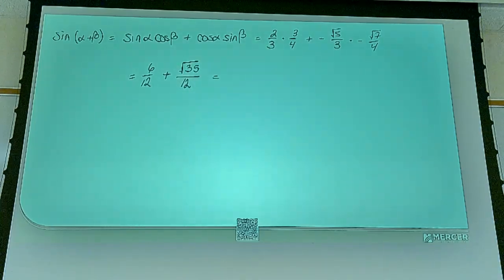Square root of 35. Well, that's just 7 times 5, right? They're both primes, so that can't be simplified. We get, how do I want to write that? Do I want to write the square root first or second? Second. 6 plus square root of 35 over 12.